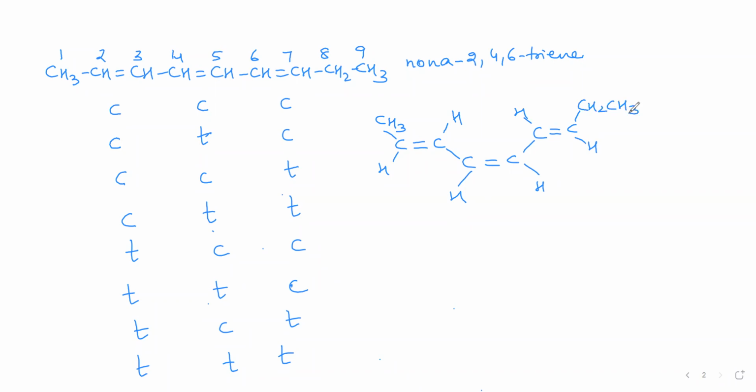No, this is the trans. This is the second last one. Cis-trans. Here you have trans configuration, here you have cis, and here you have trans. So it is TCT. Did you understand? Yes, ma'am.